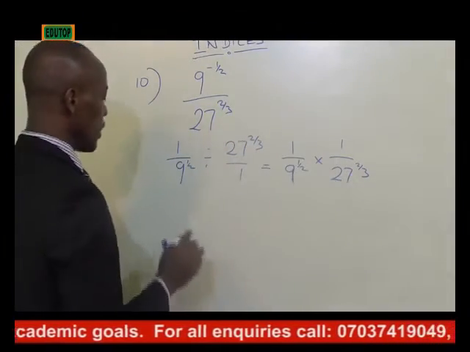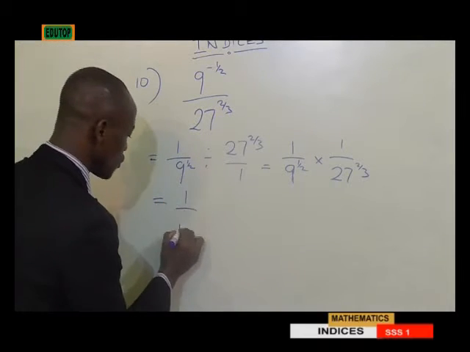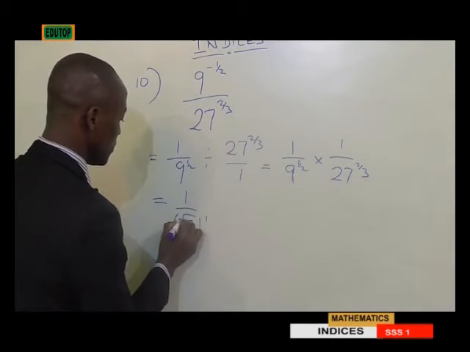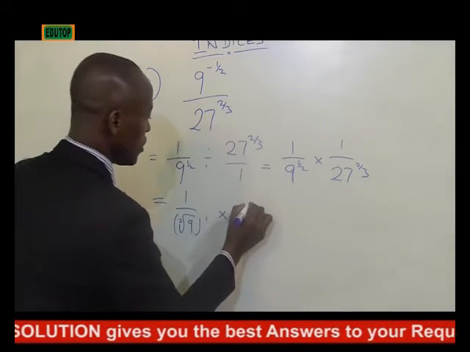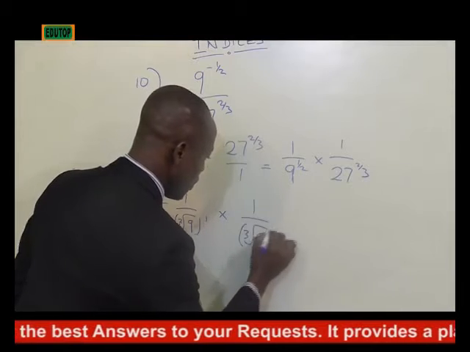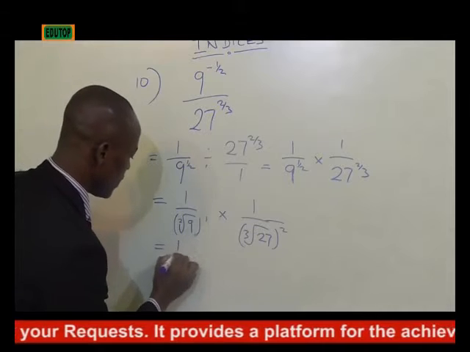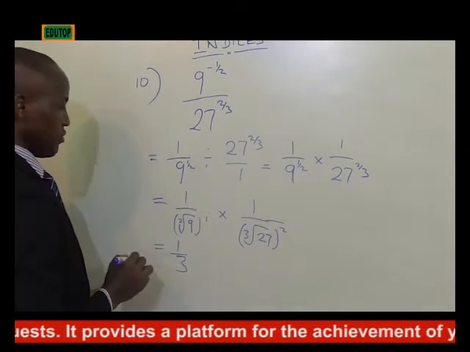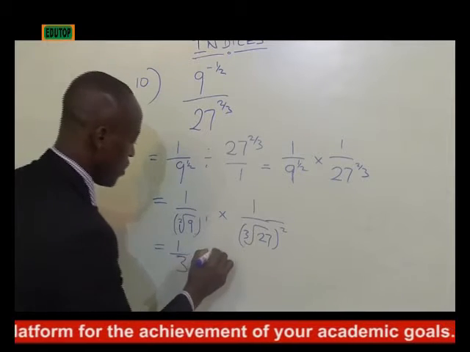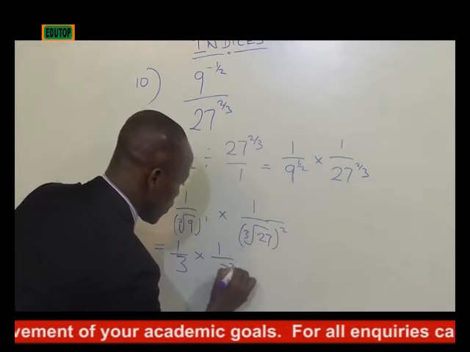1 over 2 means square root. So it's equal to 1 over the square root of 9 raised to power 1 times 1 over the cube root of 27 all squared. Okay, so what we'll be having here is 1 over 3, since the square root of 9 is 3, times 1 over the cube root of 27, which is 3, squared.